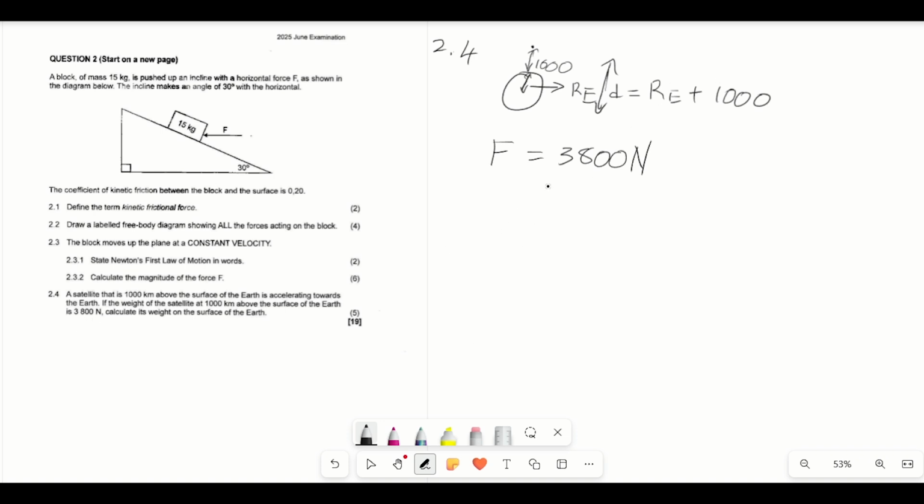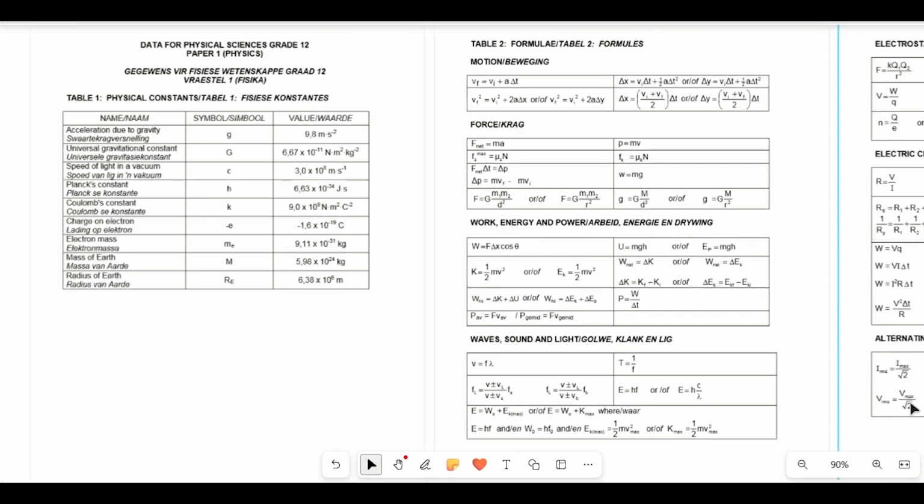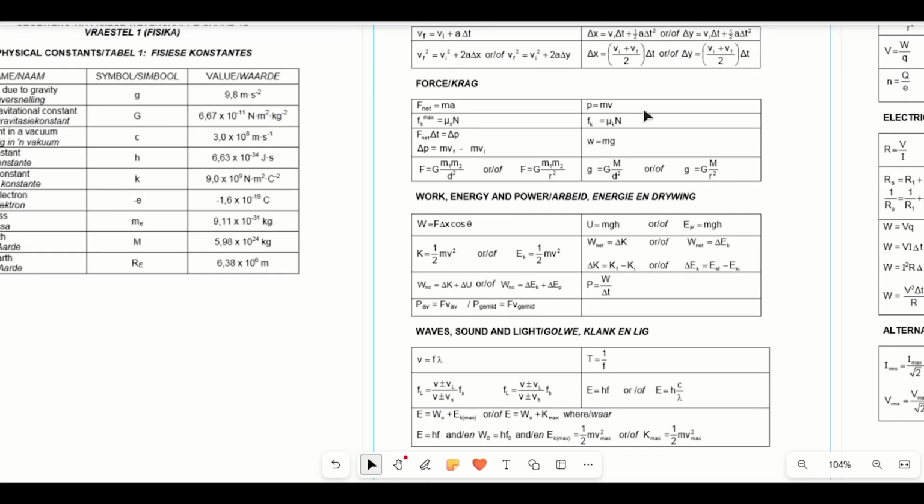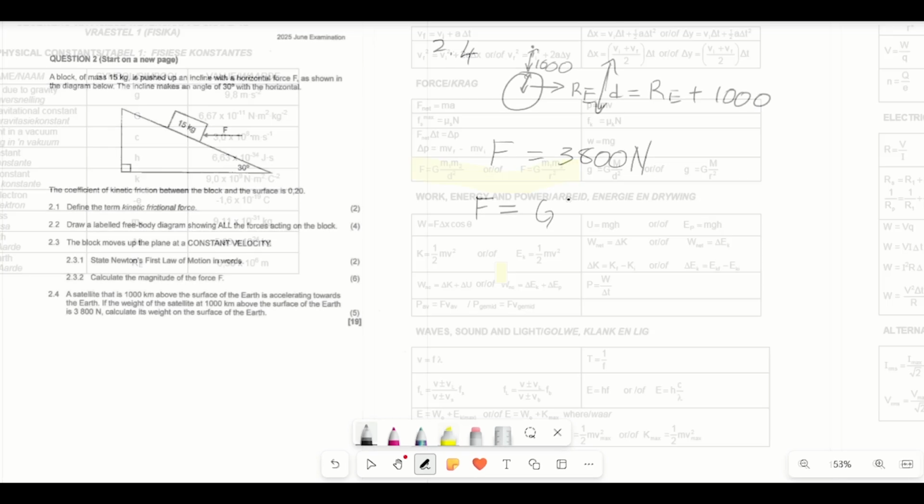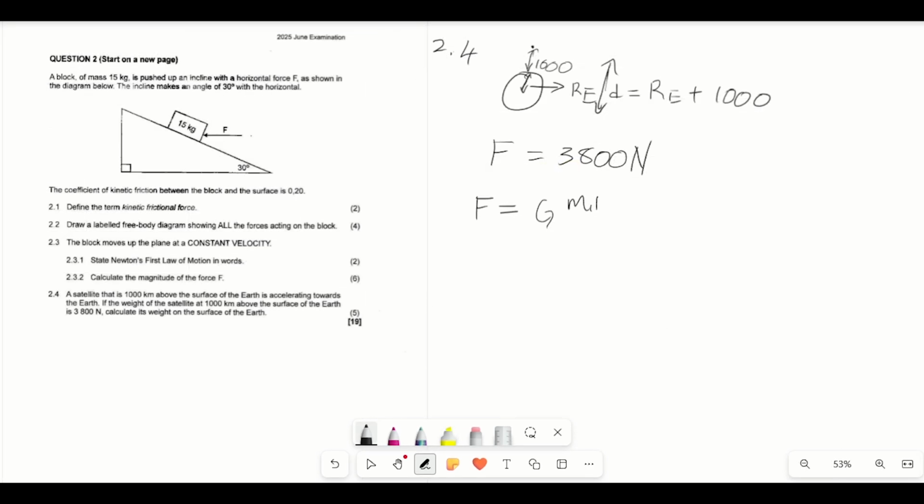So because they gave us a force, the equation that I'm going to use is this one under force, which is F is equal to G multiplied M1 M2 over D squared.